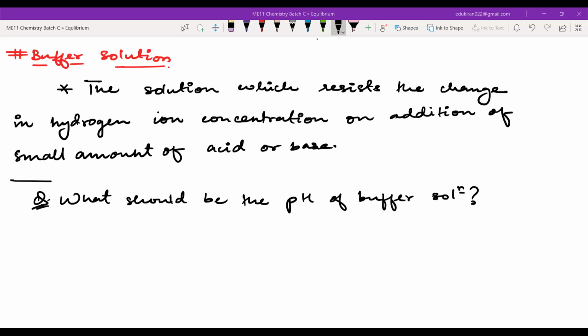Okay, Aisha thinks it is 7. What about others? Samaira, Sarah, Zainab. Yes, Samaira, can you comment? I mean, it will be 7, more than 7, or less than 7, by looking at the definition.